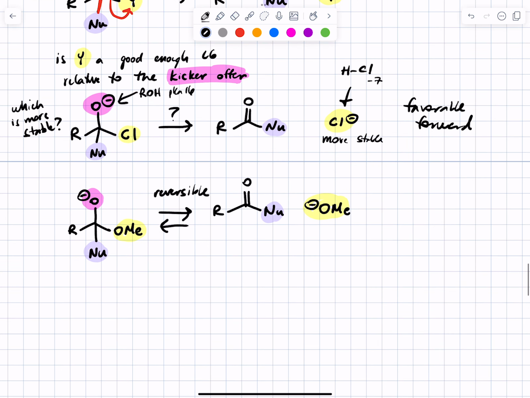So what I would say is this is definitely a reasonable step. This is a totally reasonable step for these electrons on the negatively charged oxygen to kick off a negatively charged oxygen. I would say comparing these two reactions, this one's very favorable in the forward direction. This one is irreversible. Maybe let me give you an example where the leaving group just flat out can't leave.